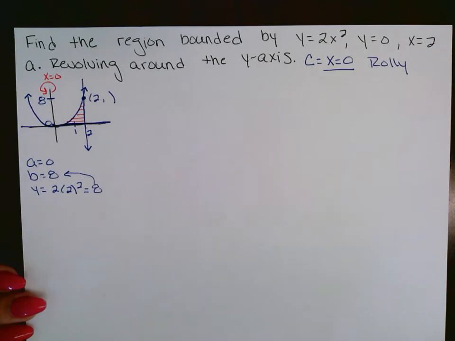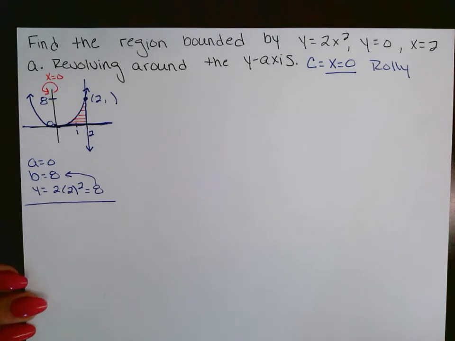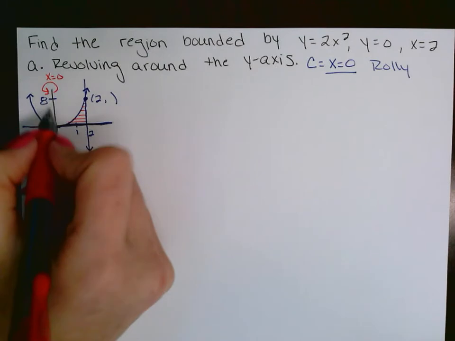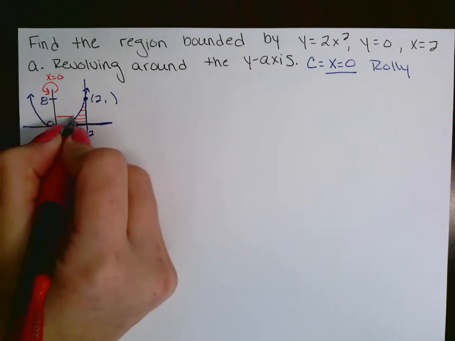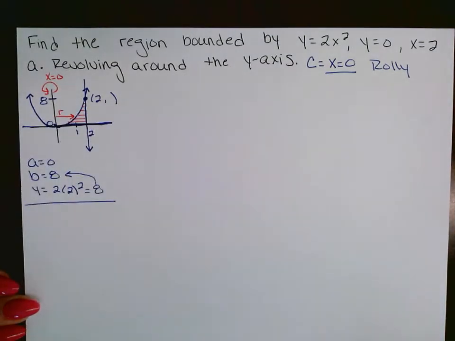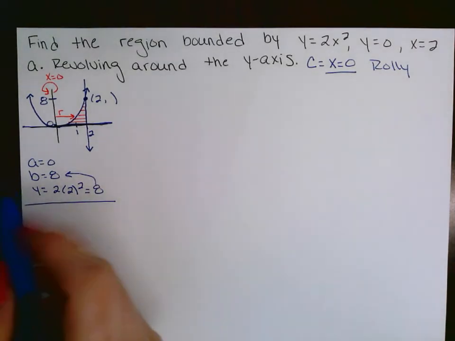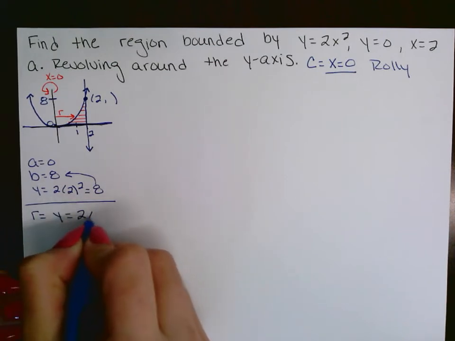Okay? The next thing that I have to do is make my equations in terms of Y. So if I'm rotating around here, who is going to be my lowercase r? The parabola, right? So my lowercase r is my parabola, which is y equals 2x squared.